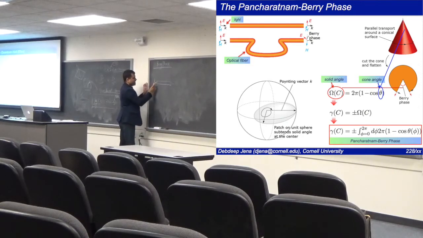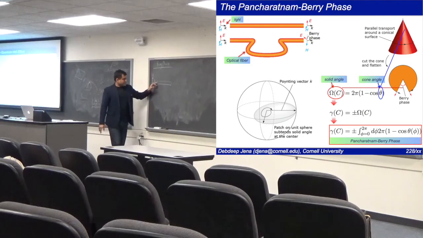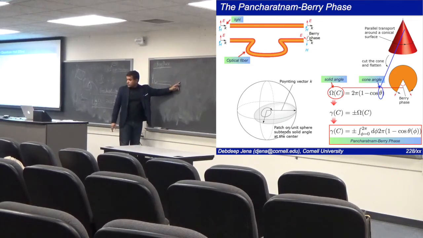We are free to choose some polarization at this point. Let's choose that the electric field is going maybe in that direction, and so if the Poynting vector is that way, the magnetic field is coming out of the plane like that, and it goes through and comes out like that too. Polarization is like that.